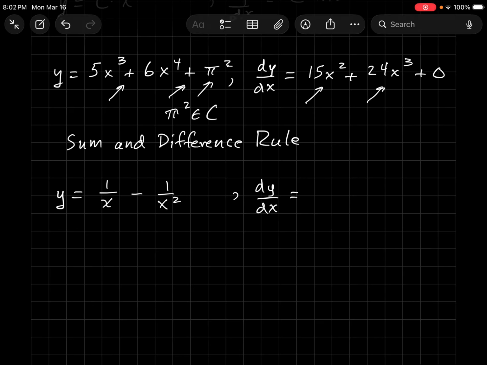So the derivative of 1 over x minus 1 over x squared equals negative 1 over x squared plus 2 over x cubed. Did you get that?